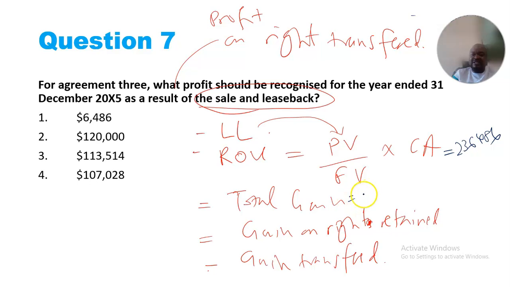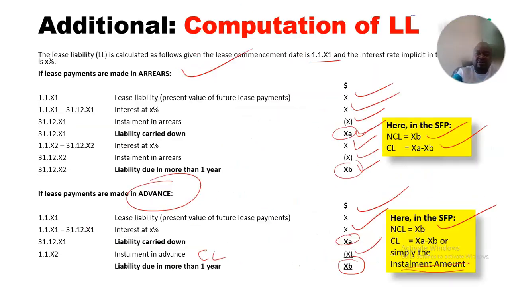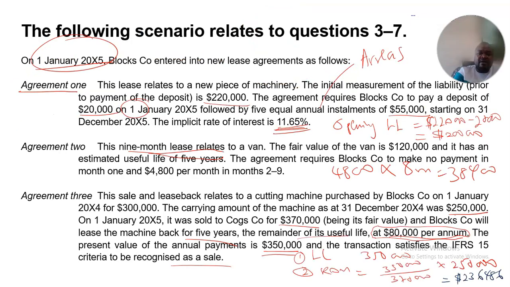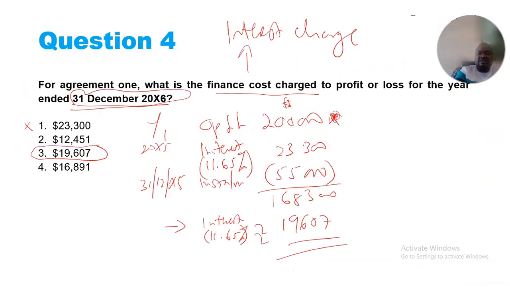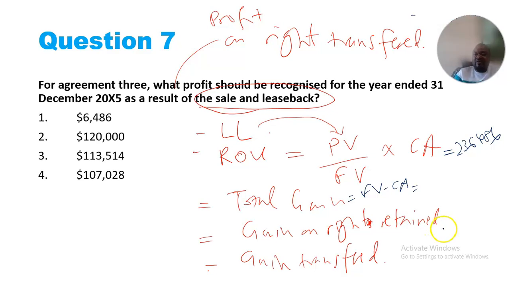So what is the total gain? The total gain, we say that this is fair value less carrying amount. So the fair value, according to the question, how much were they given? They were given 370. Okay, so that's 370. All right, sorry for going back and forth.